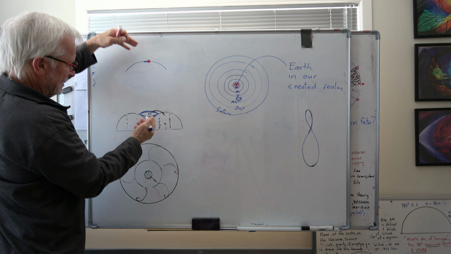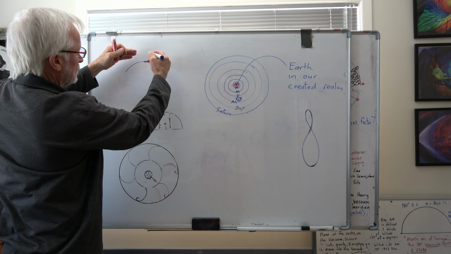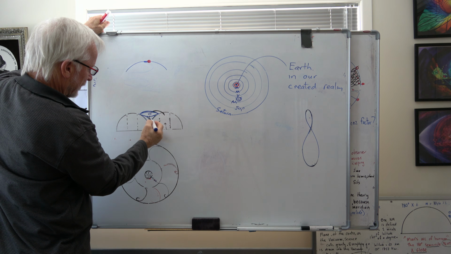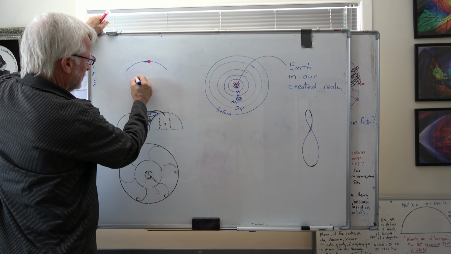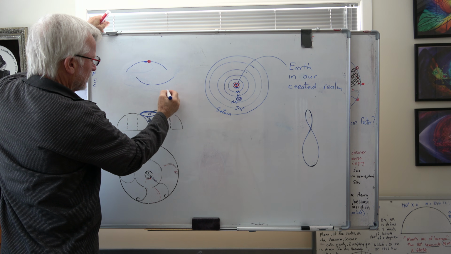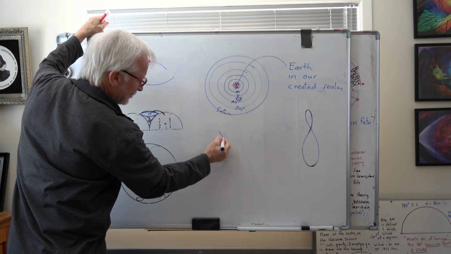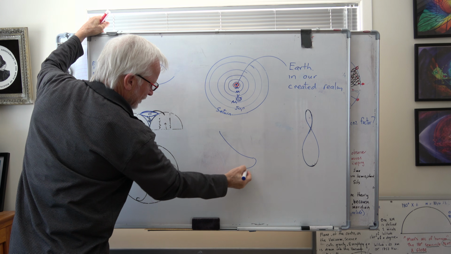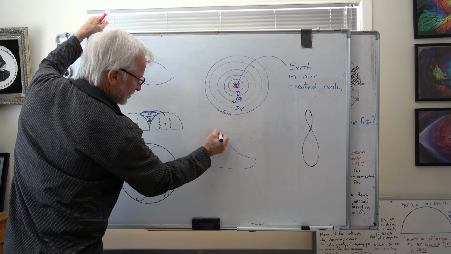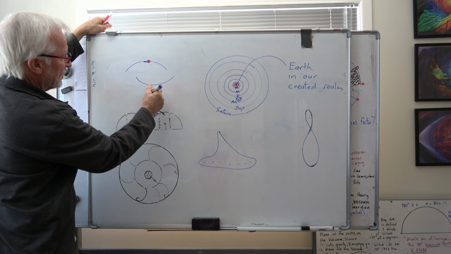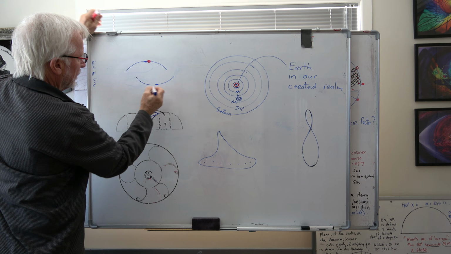Okay? And as that plane's contracting, when it draws down and out, it goes down and out. So down and out is this in our realm. You've got to realize it does this. That's down and out. Black hole there.